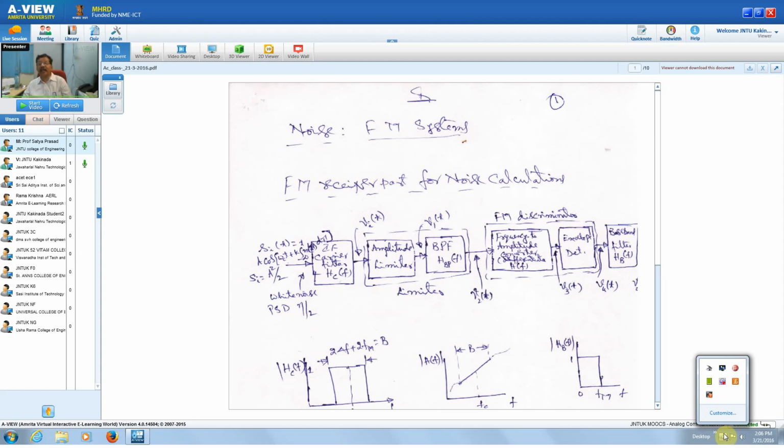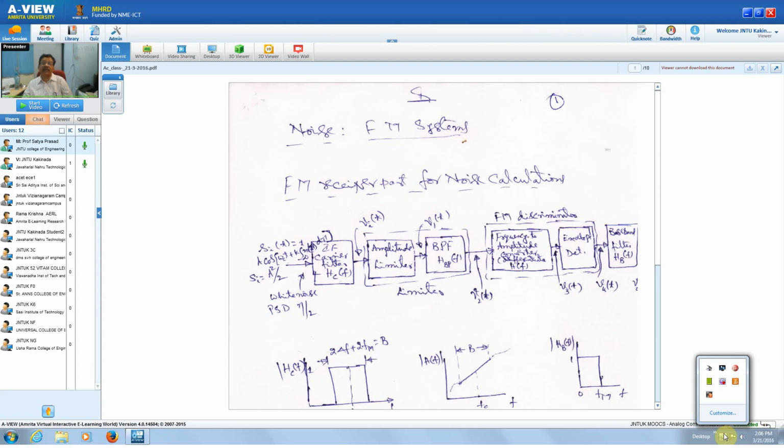And we have the IF carrier filter with sufficient bandwidth. In the case of AM, this IF carrier filter has a bandwidth of 2 f_m, whereas in the case of FM, the bandwidth required to transmit the FM signal is 2 into (beta plus 1) into f_m, or 2 delta f plus 2 f_m.